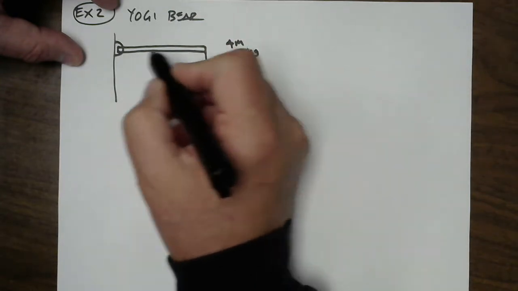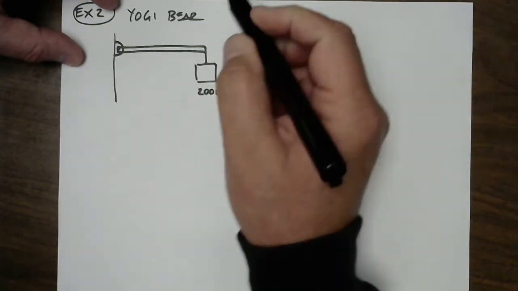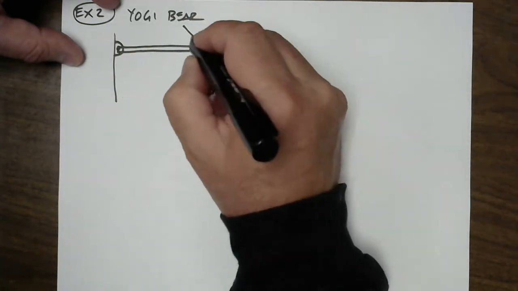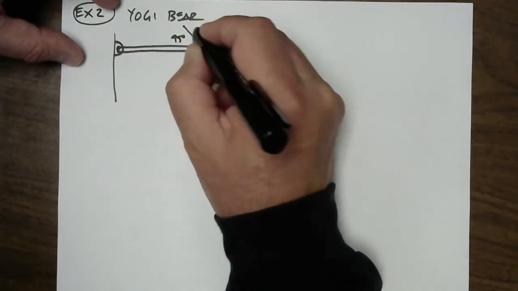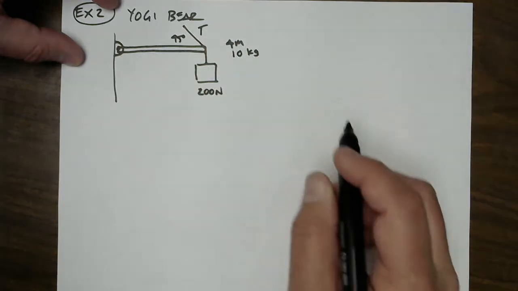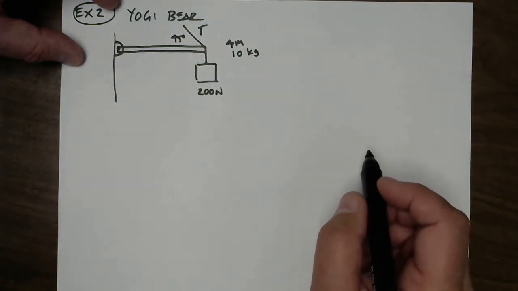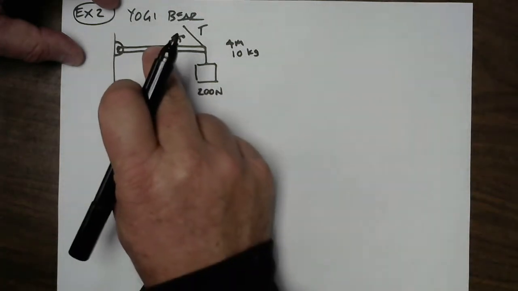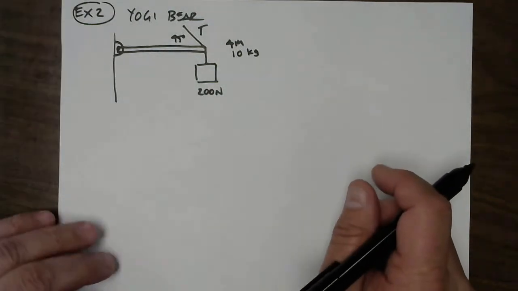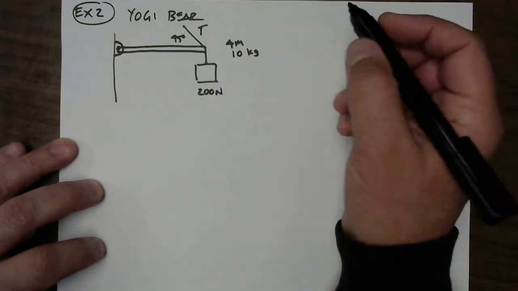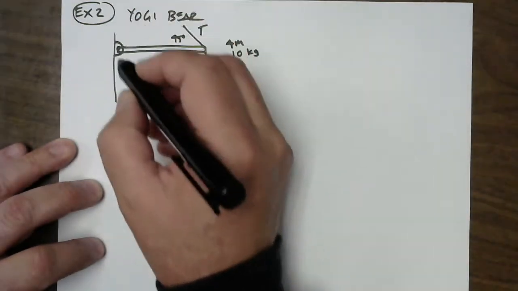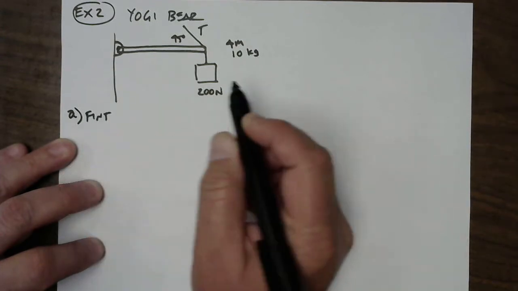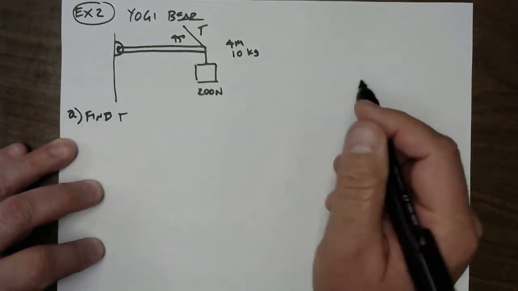And to support this thing, because this end right here is a pivot, I'm going to put a cable to a higher place in the tree or building. This cable is going to make a 45-degree angle. And what I'd like to know is what is the tension in the cable in order to support my picnic basket and the weight of this bar. So there's my setup, and 2A is part A. Find the tension.